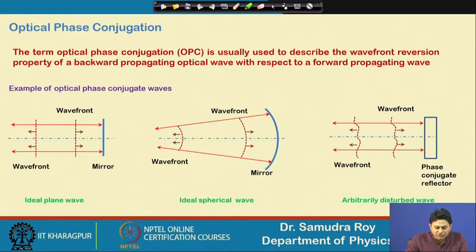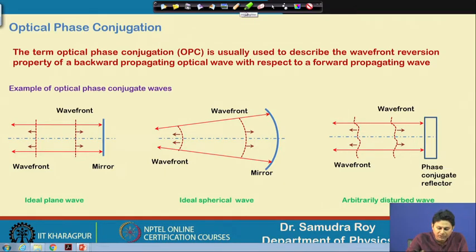If I launch a wavefront with the same curvature, it will go and then be reflected back from this particular mirror, and we eventually have a reflection. But the important thing is the light is propagating in this direction, and after reflection it again comes back in this particular direction. So, the direction is not going to change. Light is moving in the same path. These two examples are related to mirrors.